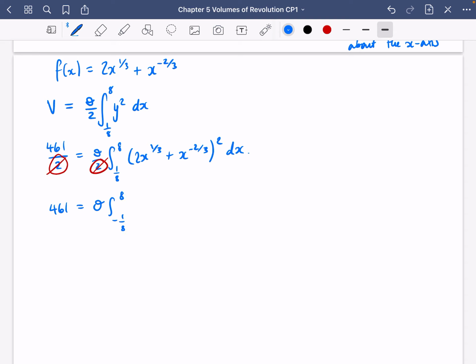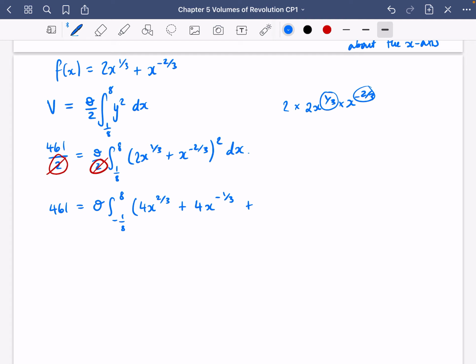I'm going to expand the brackets here. So that would be 4x to the 2/3. Be really careful with this bit. You're going to then have two lots of 2x to the third times x to the minus 2/3, and you're going to have two of those. So there's going to be 4x to the minus third because of the powers here.